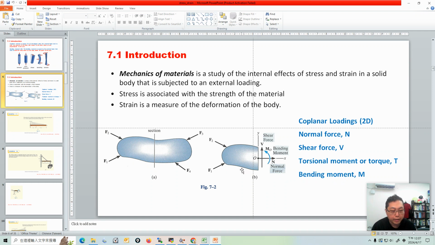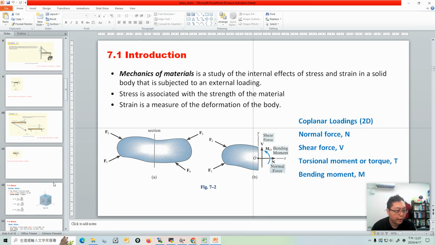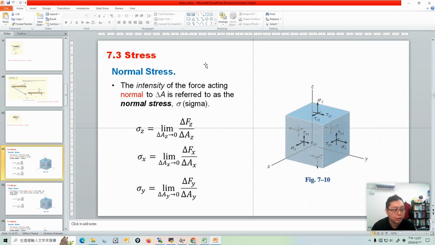Here we want to introduce the new terminology called stress. At the beginning, I have to address that stress is not equal to force, because sometimes people will confuse these two terms.